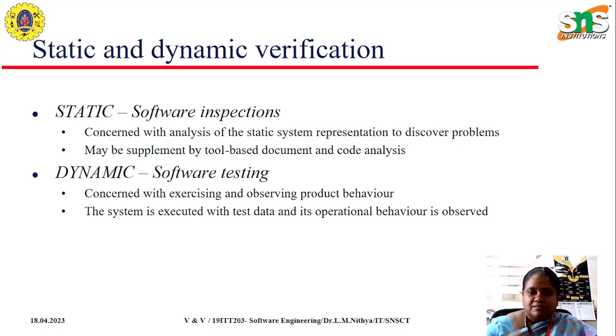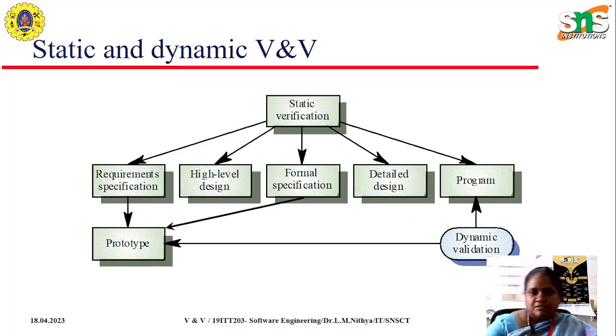The system is executed with some test data, some inputs are given, its behavior is identified and the outputs are checked to see whether they match. So that is called dynamic software testing. Static is concerned with checking the software without execution. Dynamic software testing is checking or exercising the software under a condition and then observing how it performs. So these are the two different types of verification process.